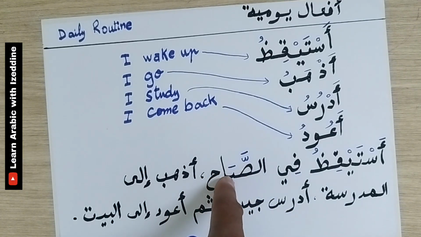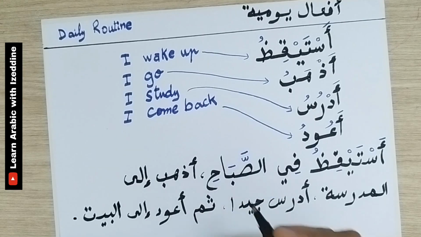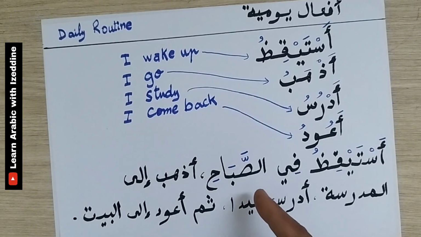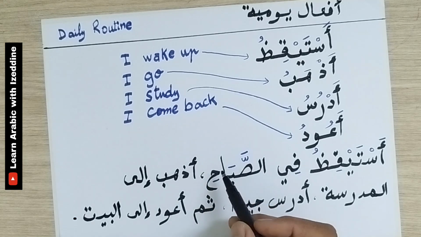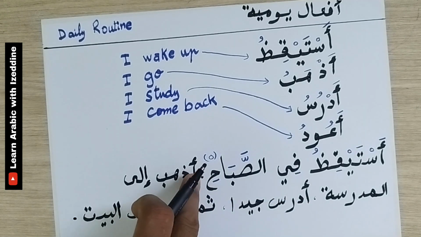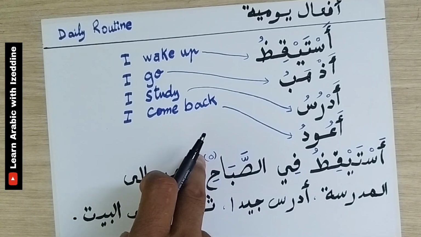This is ba, but with alif. في الصباح. Yes, الصباح. We pronounce it with sukun, as if there is sukun here. When we stop here a little bit, we say الصباح.